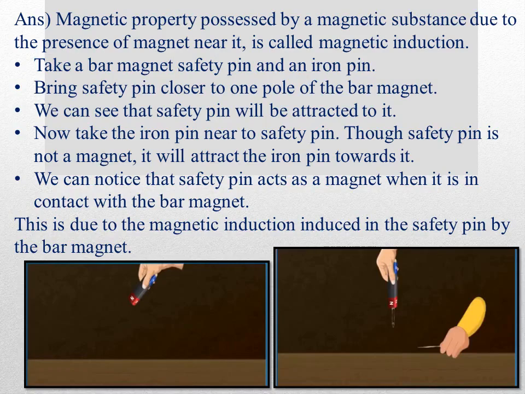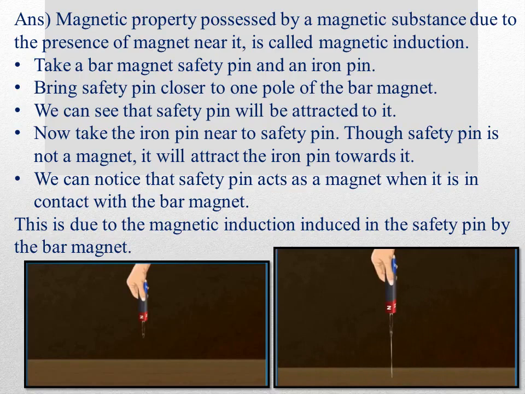Take a bar magnet, a safety pin and an iron pin. Bring the safety pin closer to one pole of the bar magnet. We can see that the safety pin will be attracted to it. Now take the iron pin near the safety pin.